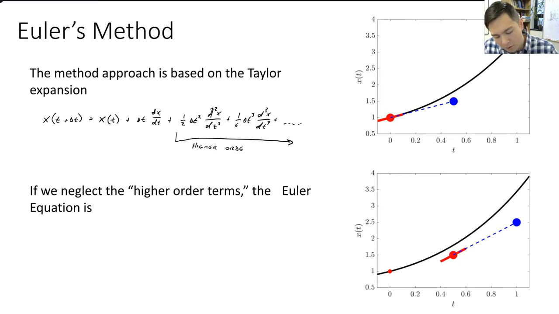So what do I mean when I'm referring to a particular order term? I would call this term, for instance, my order delta t squared term. Underlying that is an assumption that 1/2 is a value not too far away from 1, and that d squared x/dt squared would also be a value not too far away from 1. So the magnitude of this term is really set by delta t squared.